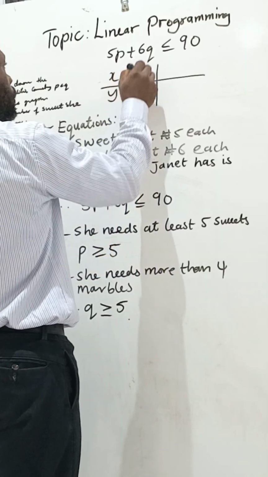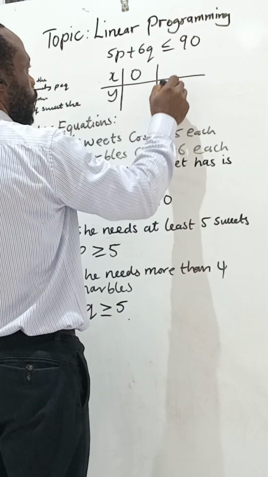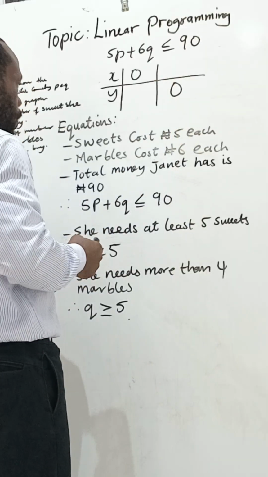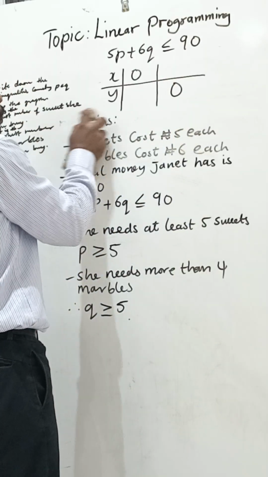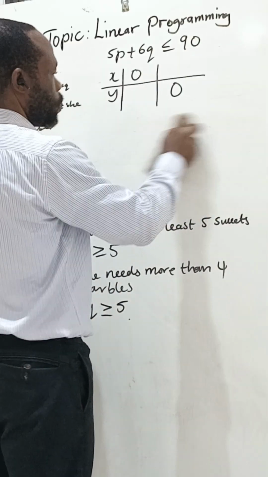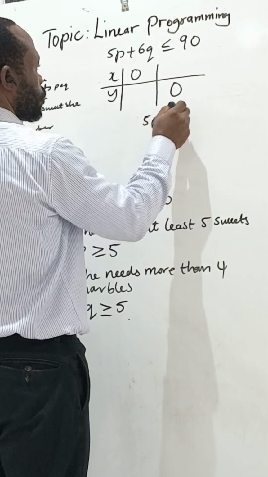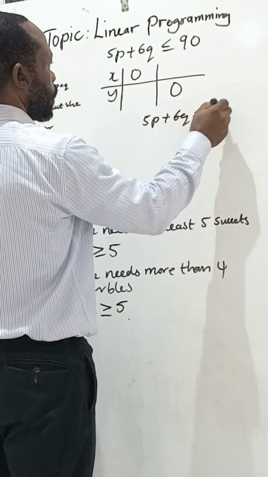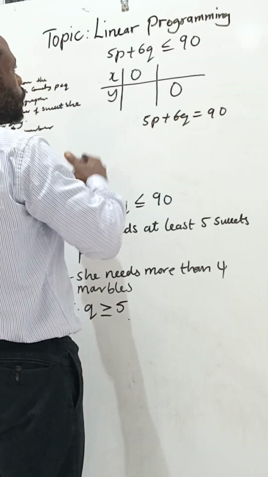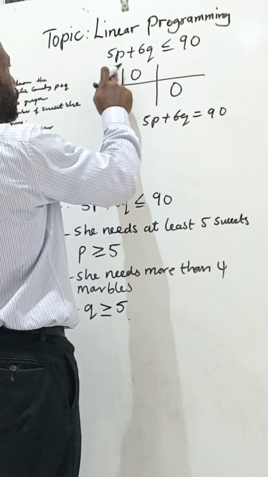I'll take 0 when x is 0 and when y is 0. So I'm going to substitute these values into the equation 5p plus 6q is equal to 90. Sorry, this should be q and p.